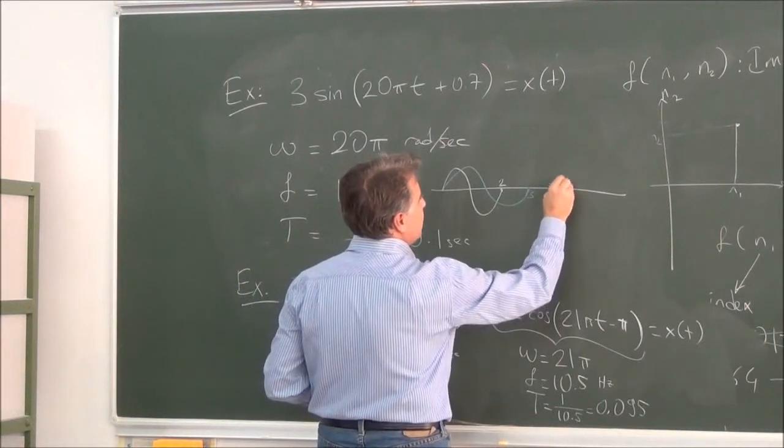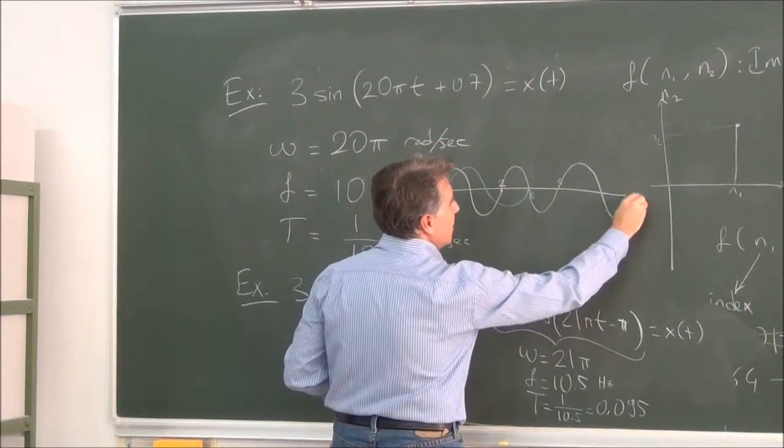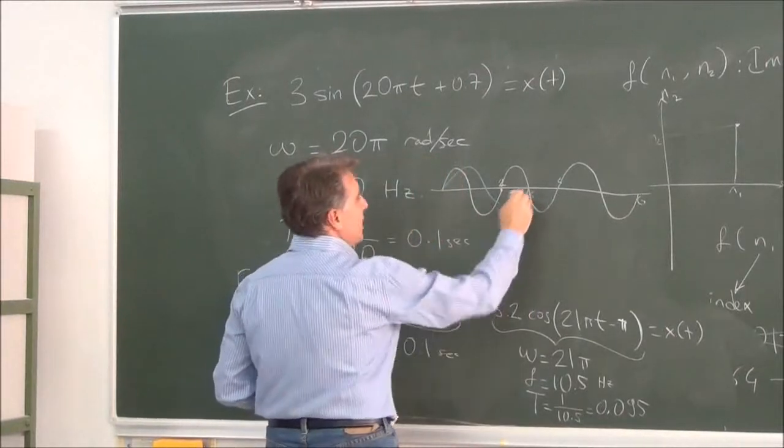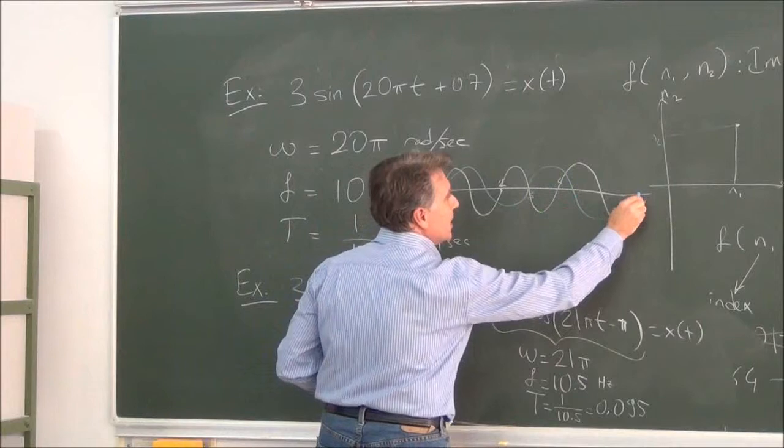Up to 4, it will make another oscillation, and up to 6, it will make another oscillation, and meanwhile this blue one will make one more oscillation, and they will meet again.